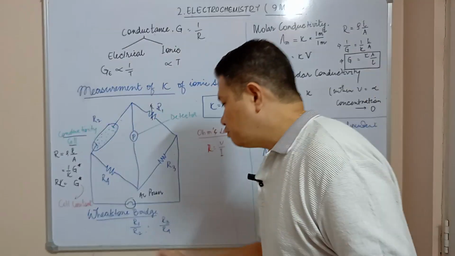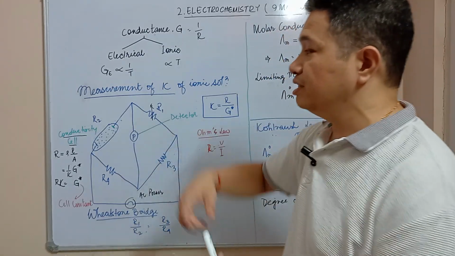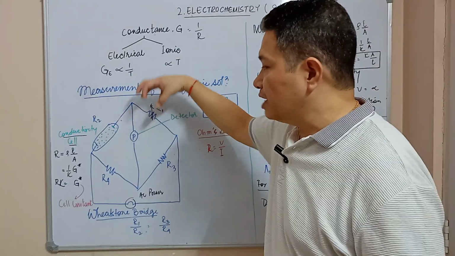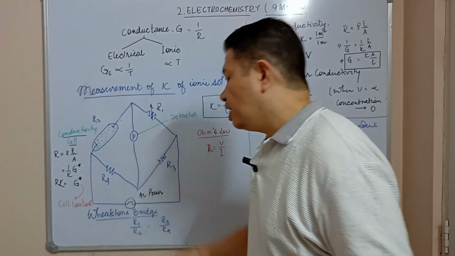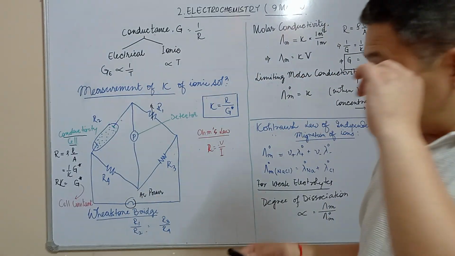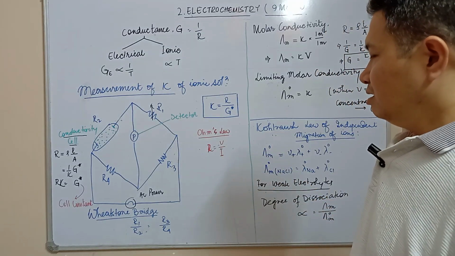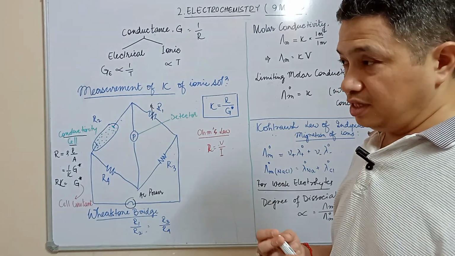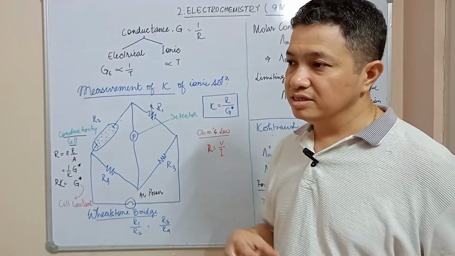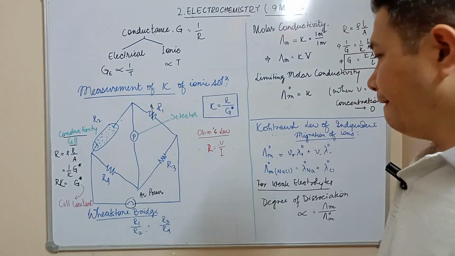By using this equation, in that condition, when no current is passing through this detector, R1 by R2 is equal to R3 by R4. This has been derived according to Ohm's law and the way we find the equivalent resistance when resistors are connected in series or in parallel.